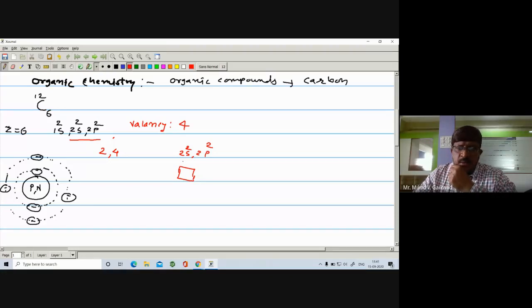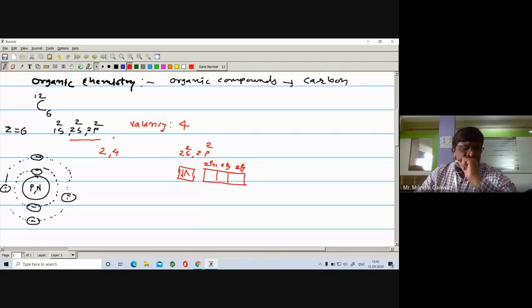In 2s2 there are 2 electrons, and then the p orbitals: 2px, 2py and 2pz.